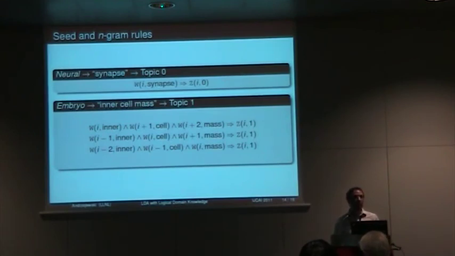So certainly if we have this kind of pre-canned set of rules like this n-gram rule or the seed rule, it could be as simple as having somebody write you a Python script that takes your list of n-grams and spits those out into rules. Certainly, even writing the rules out is going to be still a lot easier than hacking on the LDA model to make it obey what you wanted it to do.